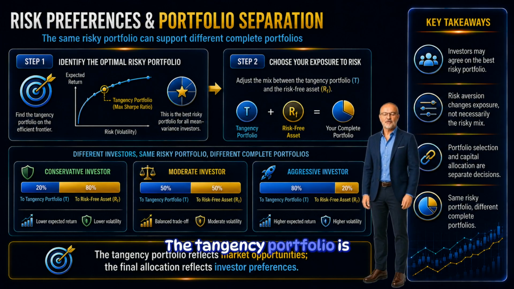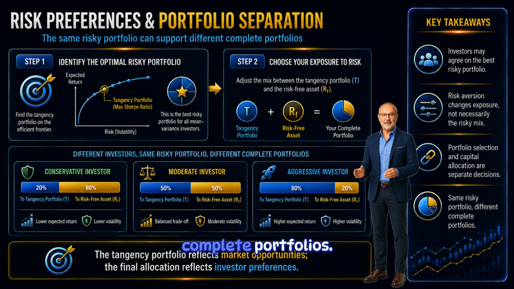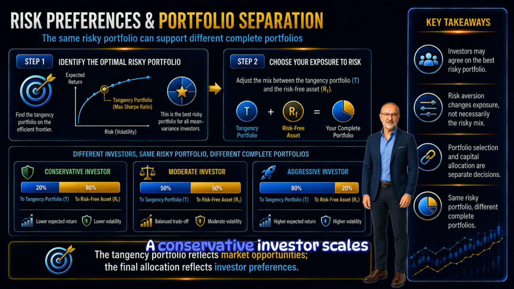The tangency portfolio is about market opportunities. The allocation between the tangency portfolio and the risk-free asset is about investor preferences. This is why different investors may use the same risky portfolio but end up with different complete portfolios. A conservative investor scales down exposure. An aggressive investor scales it up. Same risky portfolio, different total risk.